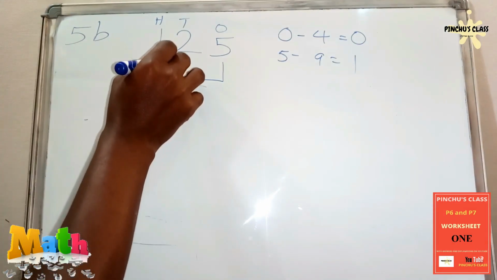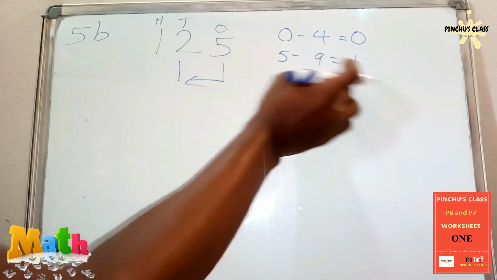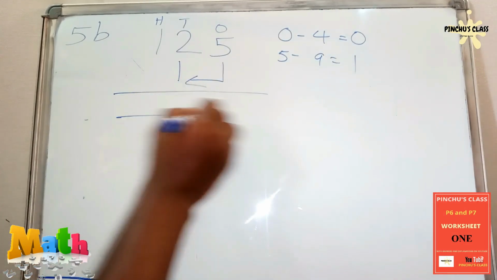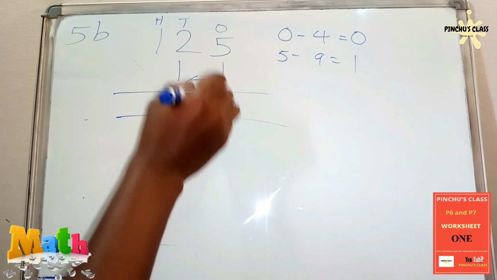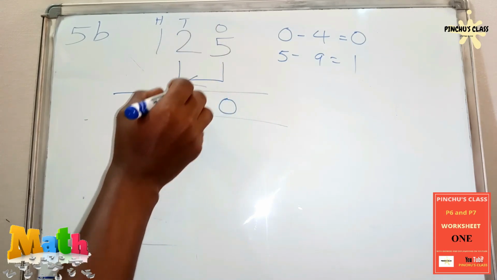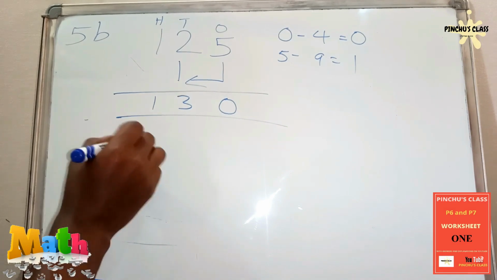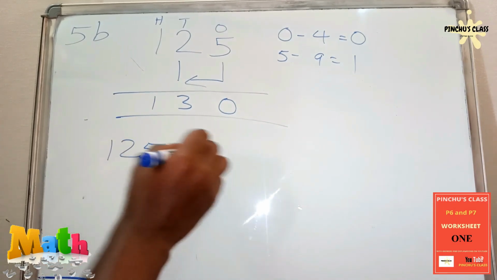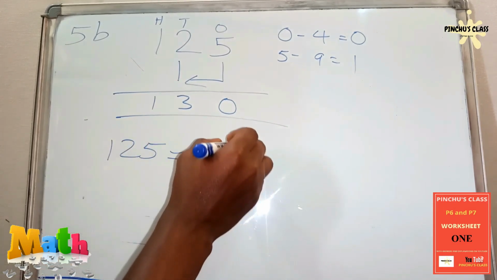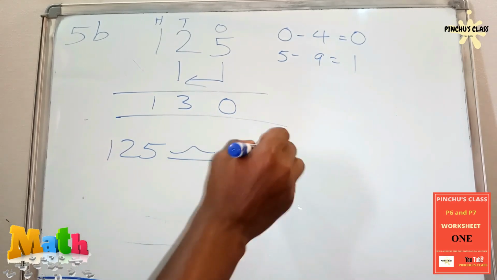So this is going to be 1 because it is in this range. This becomes a 0, this becomes 3, and this becomes 1. So 125, when rounded off, gives us 130. Let's go to number 6.